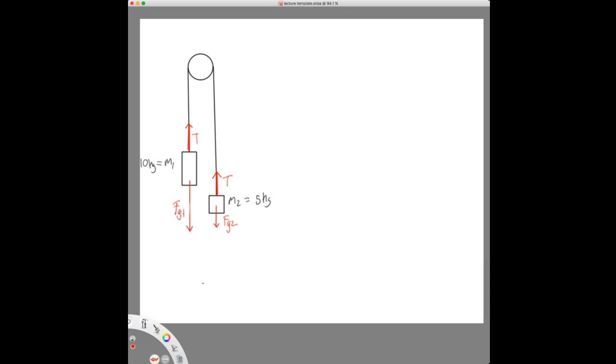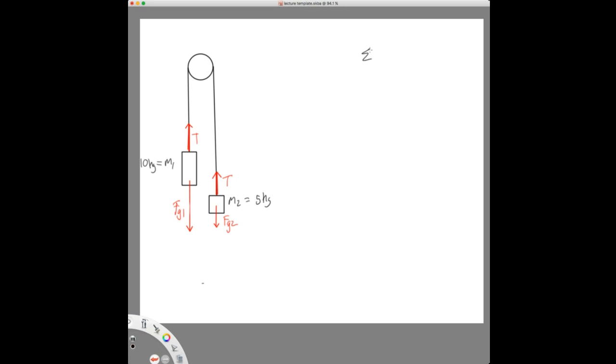If it's a surface that something is resting on, then that force will be a combination of normal force and friction, potentially. Okay, so now I have my forces, and I am ready to write down Newton's second law.